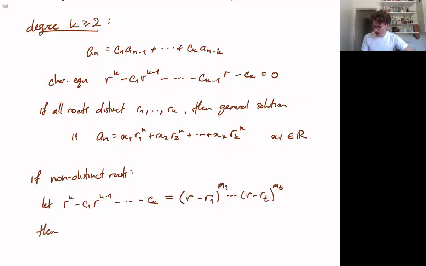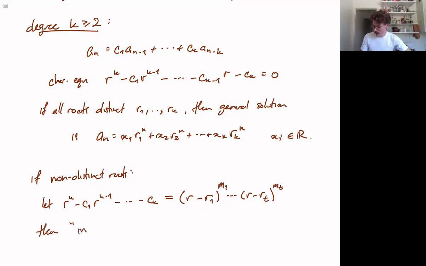Then, when we were trying to write down our fundamental solutions, we have the same setup as before, where we're going to have k different fundamental solutions, but now we don't have enough roots to give us k distinct solutions, so we're going to have to add powers of n.